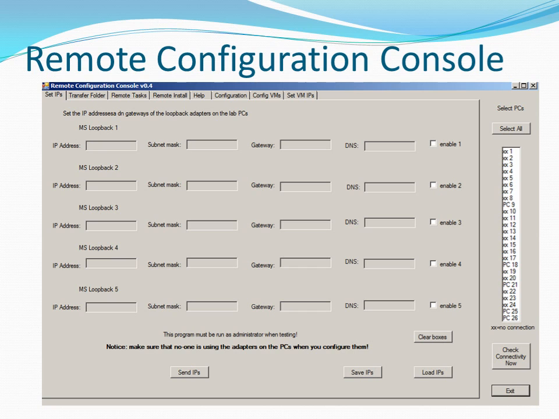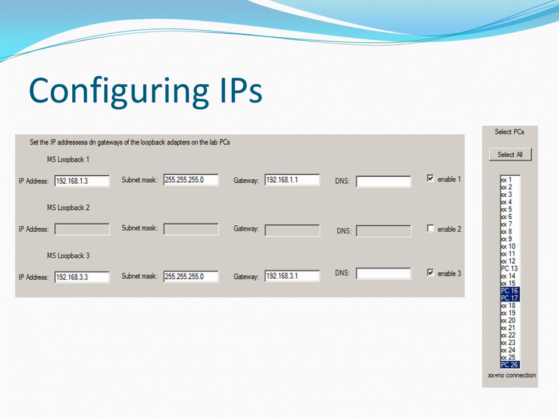Over on the right hand side we've got a list of PCs. So here's an example of configuring the IP addresses on the loopback adapters in the laboratory. You can set up the IP address, subnet mask, gateway, DNS server, and you can enable or disable them.